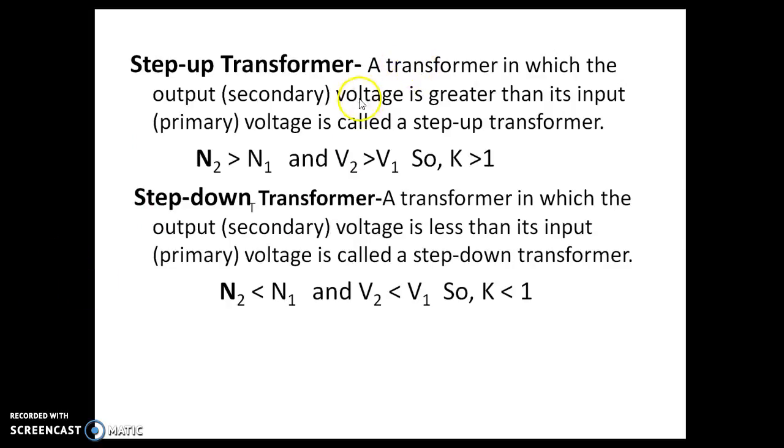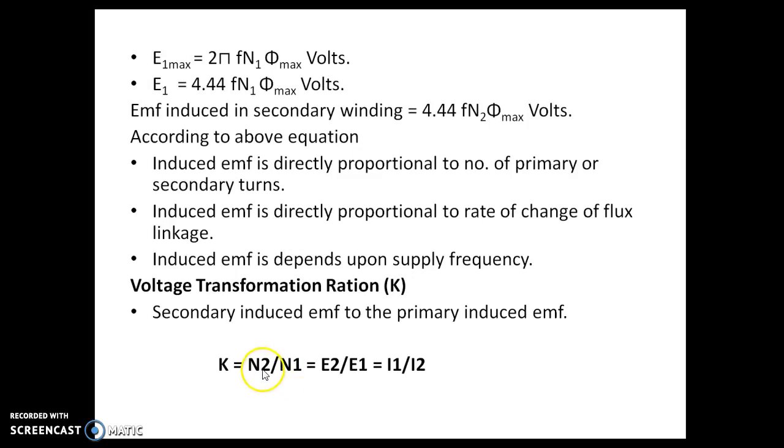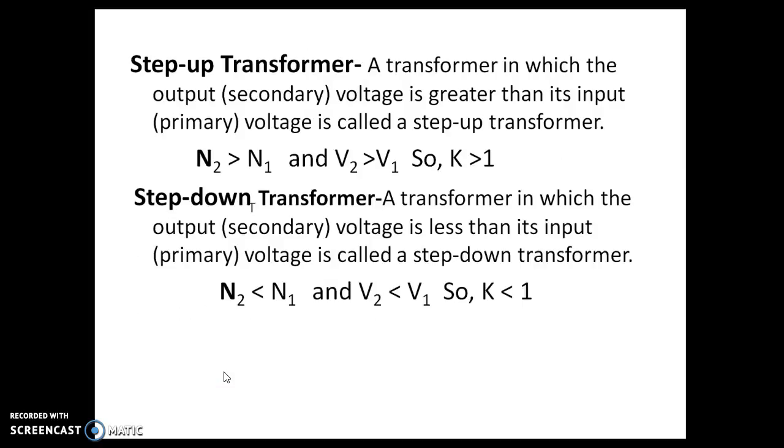A transformer in which the output secondary voltage is greater than its input voltage is called a step up transformer. Here the number of turns of the secondary winding is greater than the number of turns of the primary winding. So the secondary voltage is greater than the primary voltage, and N2 is greater than N1, so K is always greater than 1 for the step up transformer.